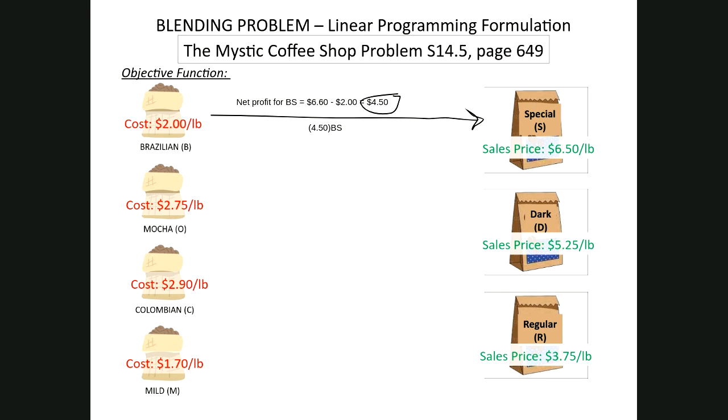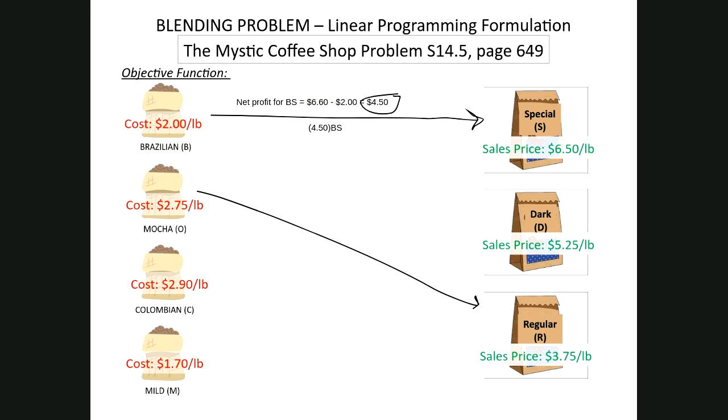Let's just take a look at another one, hypothetically. And this arithmetic is again going to be easy, for the mocha that goes into the regular. All right, what's going to be the net profit? Well, the net profit is going to be the $3.75, the price, minus the cost of the mocha, which is $2.75. So the net profit is, again, in this case, $1.